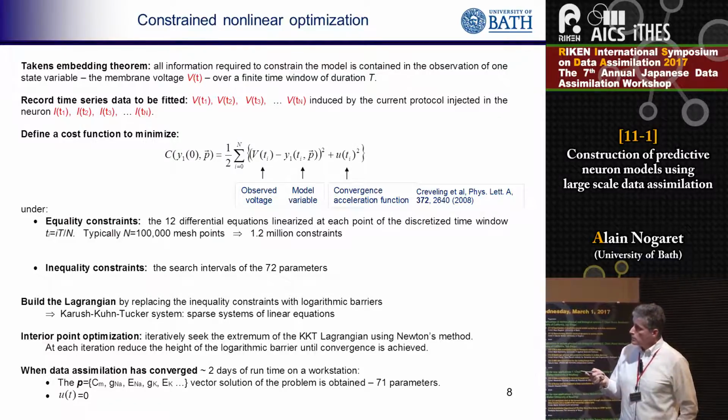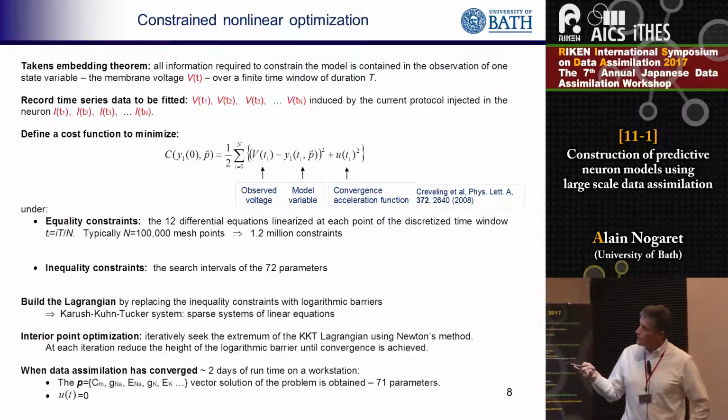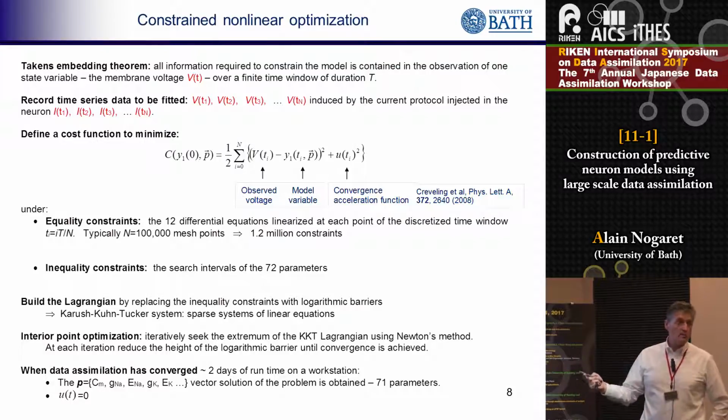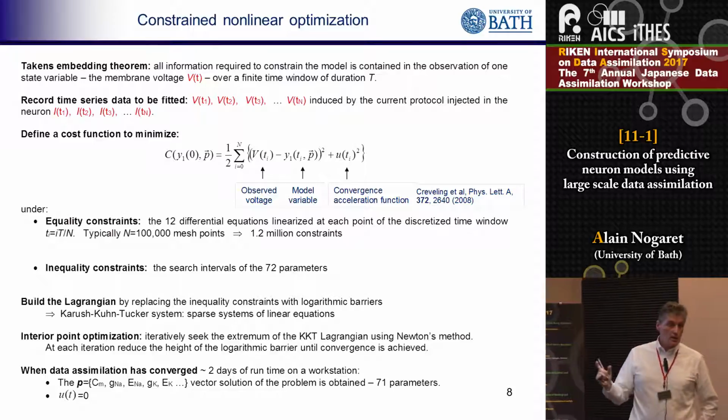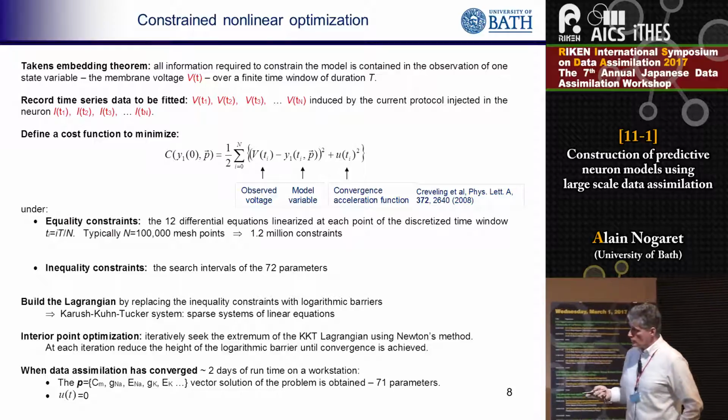And you also have inequality constraints, which are the search intervals you specify for these parameters, the lower boundary and the higher boundary. Essentially these constraints are the only human subjective input in the assimilation procedure.